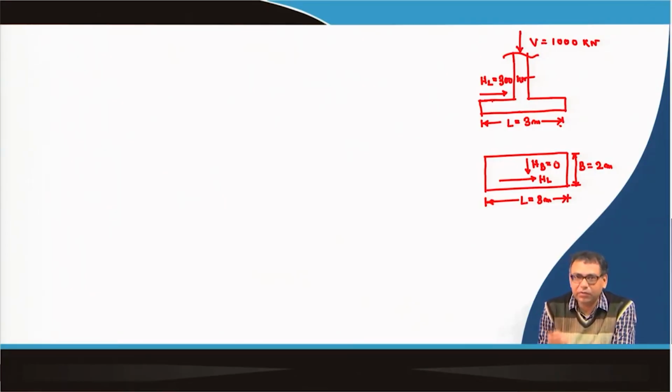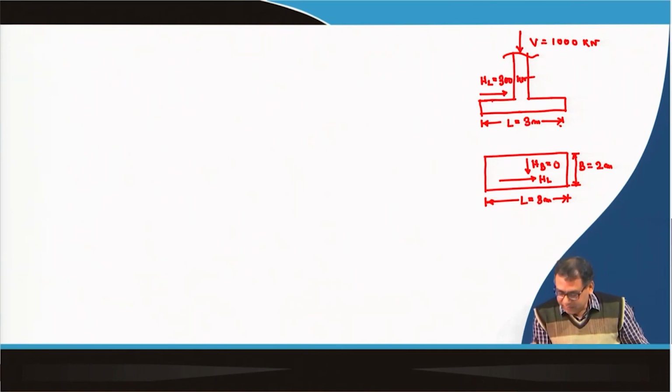But it does not matter, as H L is not equal to 0, then you have to go for two sets of equations as per Hansen, because we are using Hansen's bearing capacity equation. In such a case, as I mentioned, H B may be 0 or may not be 0. In this case H B is 0, but there can be a case where both H L and H B are present.